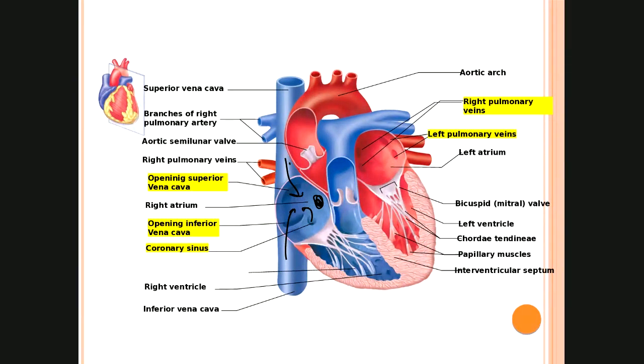The SA node and AV node are microscopic. We cannot see them in these kinds of depictions, but if we could see them, the SA node would be on the top right corner of the right atrium, and the AV node would be on the bottom left corner of the right atrium. Okay.